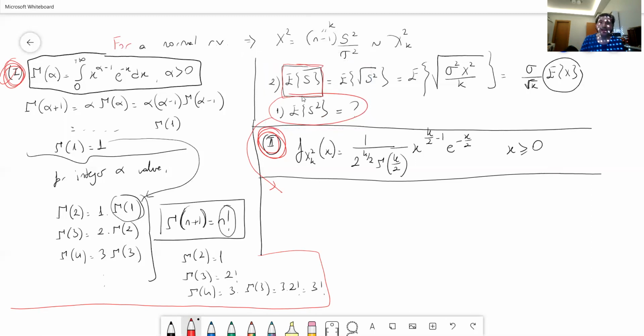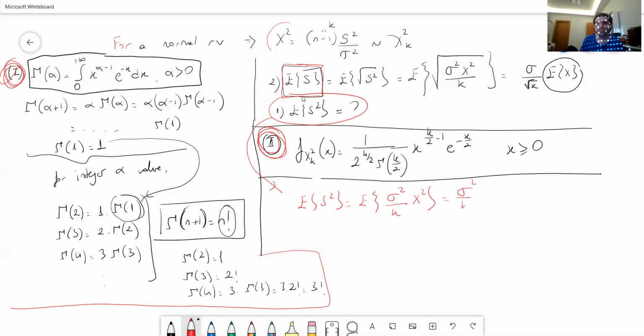Okay, so expected value of s square is going to be simply equal to, note that this is going to be our chi-square random variable, or let's write the exact relation. Actually, expected value of s square is going to be equal to expected value of sigma square over k times chi-square.